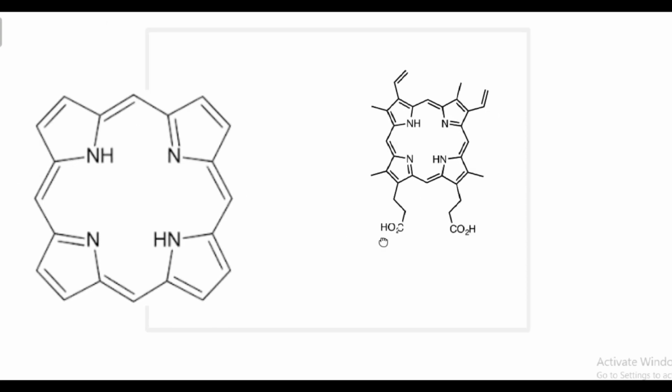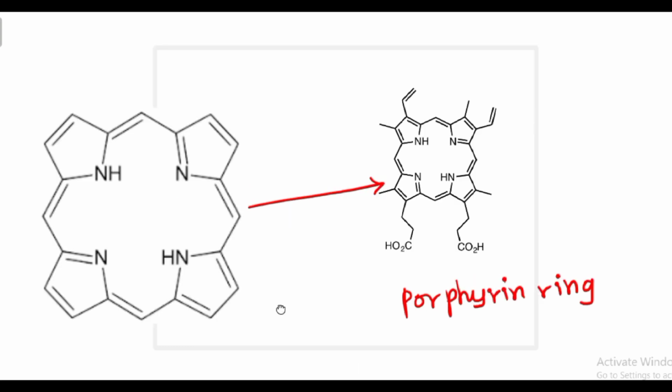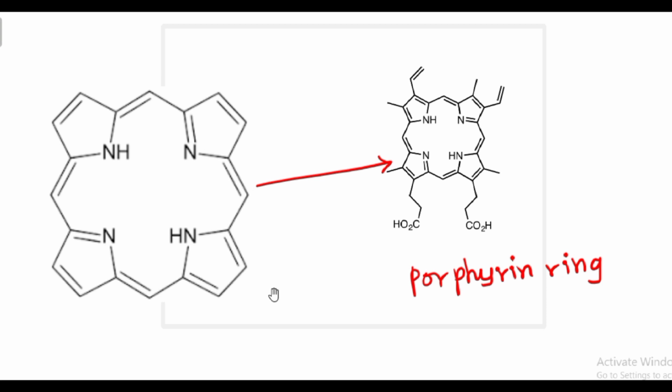Then after that, let us look at the advanced structure of the porphyrin ring. This is known as the porphyrin ring. There is no change between the porphyrin and the porphyrin ring, but here the ring contains side chains. Here you can notice the side chains.